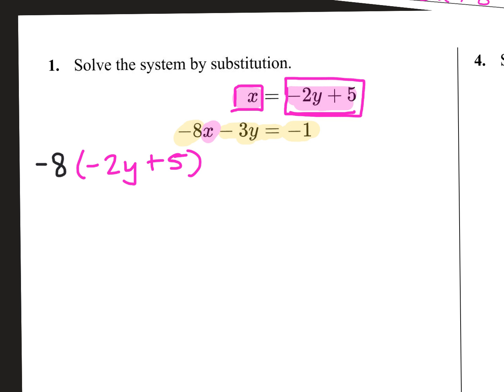The part that a lot of people get wrong when they do this step is that then they forget to write the rest of the equation. So I already wrote my negative 8 here. I replaced my x here. Don't forget that I still need to write negative 3y. And then the equals negative 1.